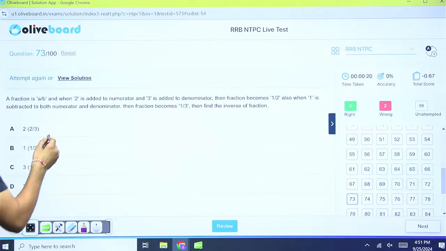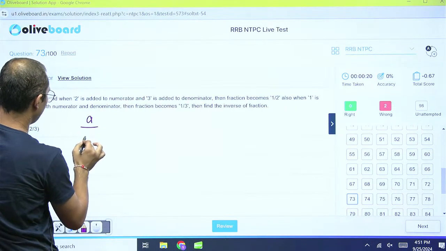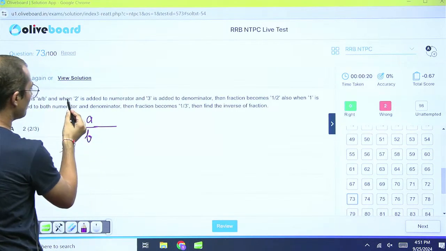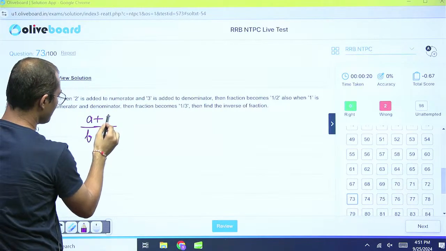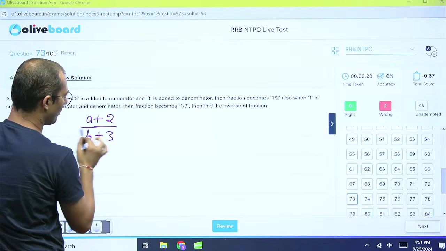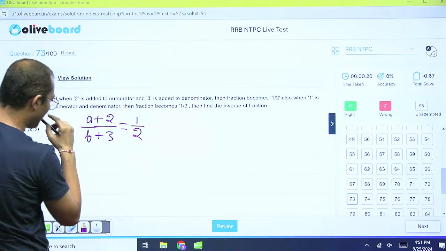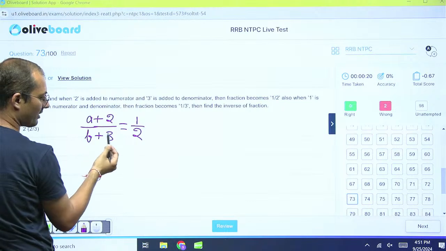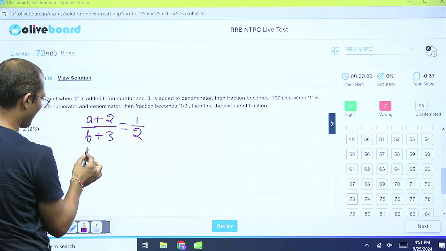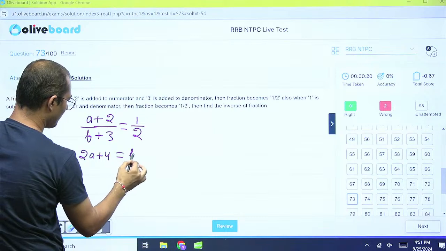See, if the fraction is a upon b, when 2 is added to its numerator, this will become a plus 2, and 3 is added to its denominator. So the fraction becomes 1 upon 2. So here we can get the relation between a and b. After cross multiplying, we will get 2a plus 4 would be equal to b plus 3.